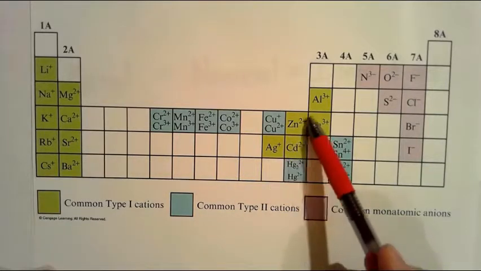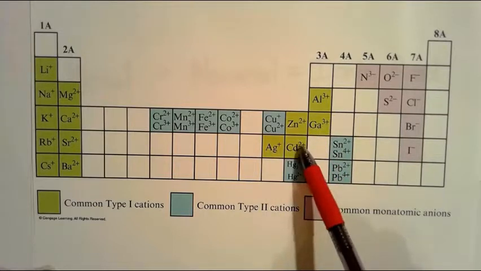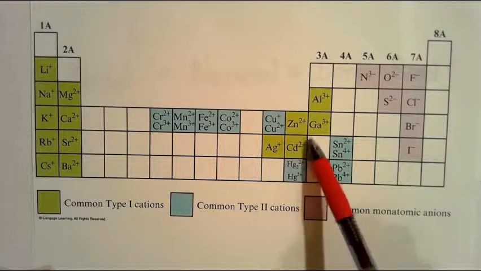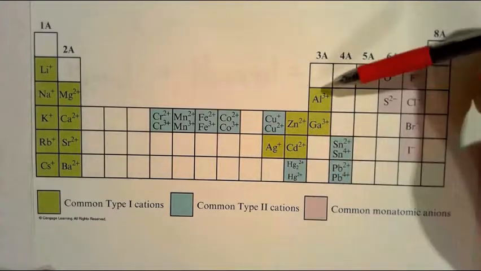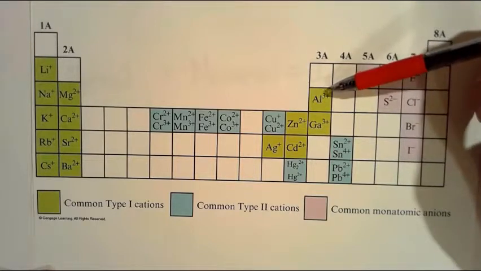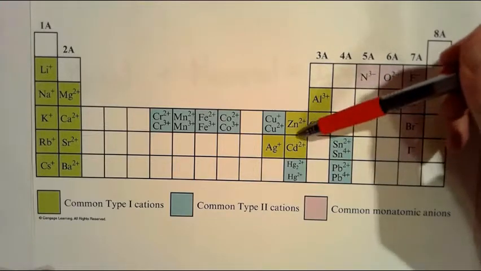You'll notice here that these also only have one charge. These transition metals will only have one common charge. The only one that's really necessary to memorize is that aluminum has a positive 3 charge. The rest of them you can use as a reference.